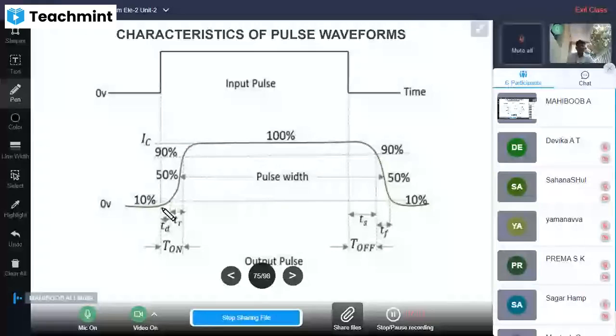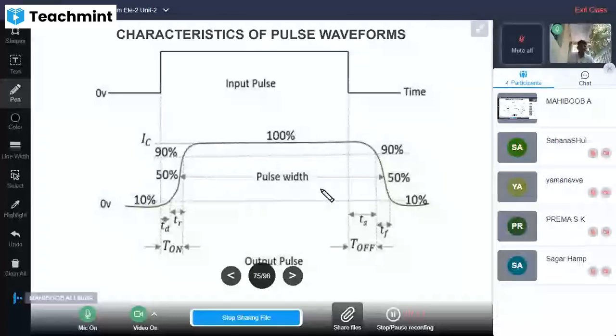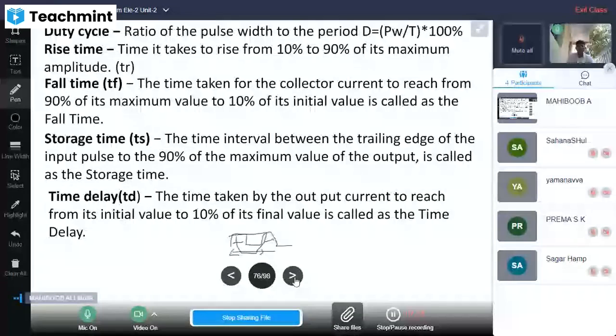So the width between this 50% of falling and rising edge is known as pulse width, TW. These are the different characteristics of the pulse.